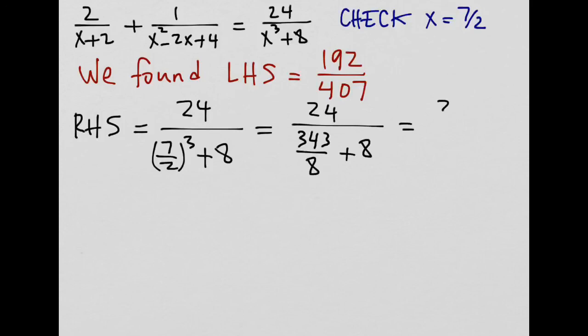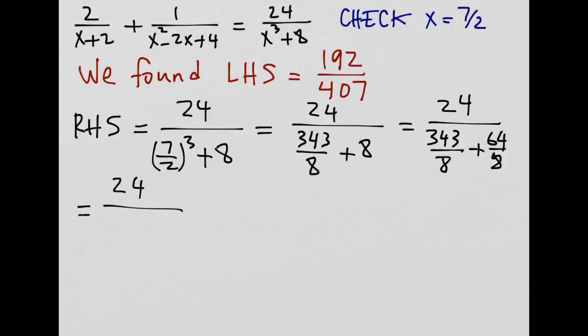That's equal to 24 over 343 over 8 plus 64 over 8. That's how we write 8 as a fraction over 8. That's equal to 24 over 343 plus 64 is 407 over 8.